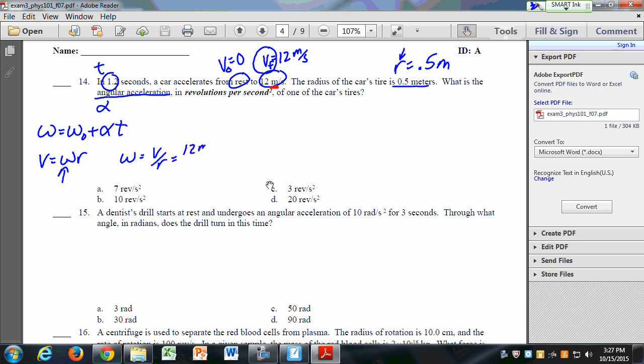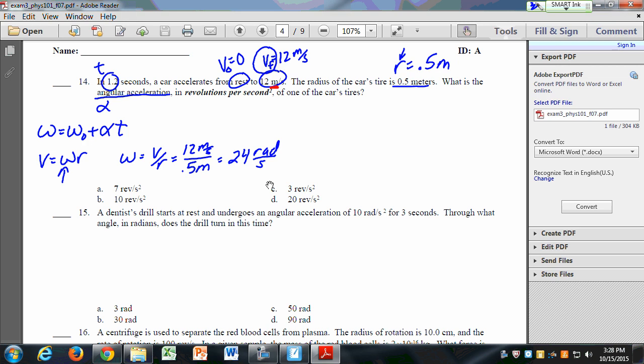That's 12 meters per second divided by my radius, which is 0.5 meters. That's going to be 24 radians per second. Anytime you do a calculation like this, I recommend that you just convert everything back to radians, because radians is the SI unit. And notice here, I didn't do any conversions, but whenever I'm relating v and omega, the units are in radians.